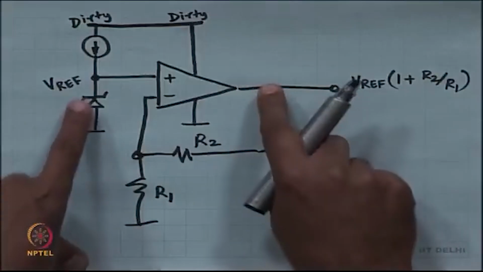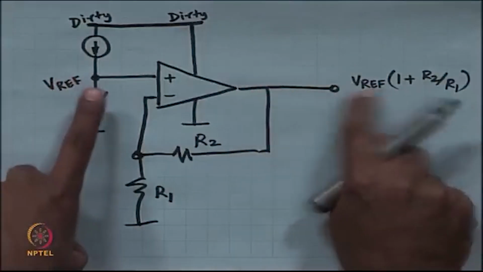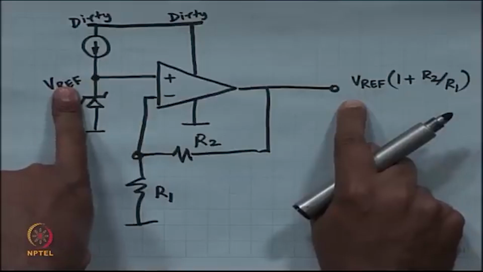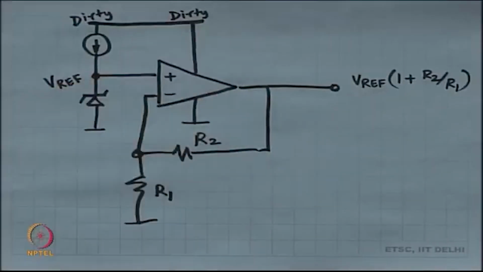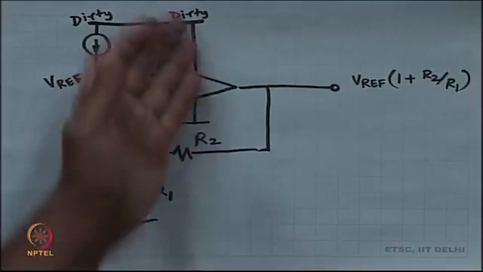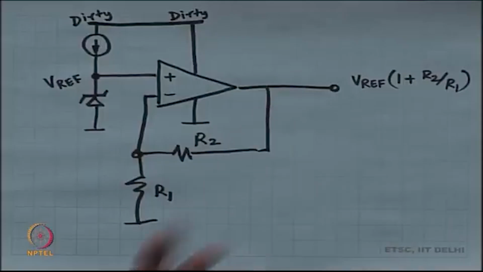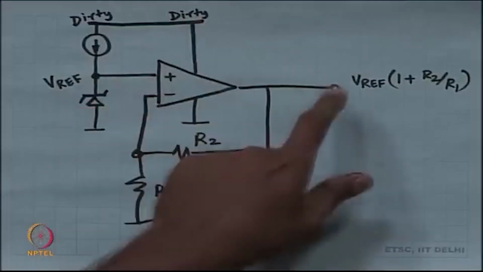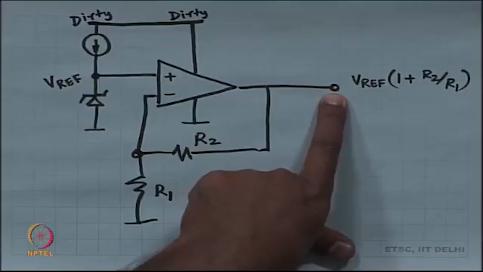Feedback is going to make sure that this output is related only to Vref and not to the dirty supply at all. But a portion of the dirty power supply will still leak out. For a practical voltage regulator, a portion of the dirty supply will still manage to leak out.